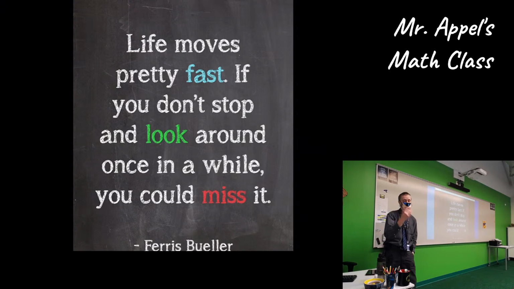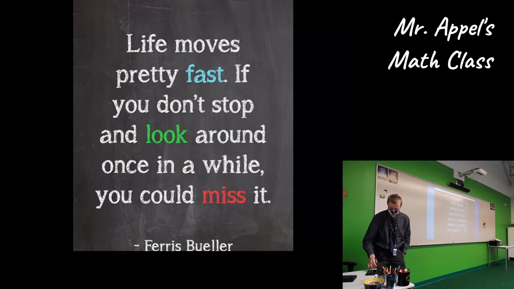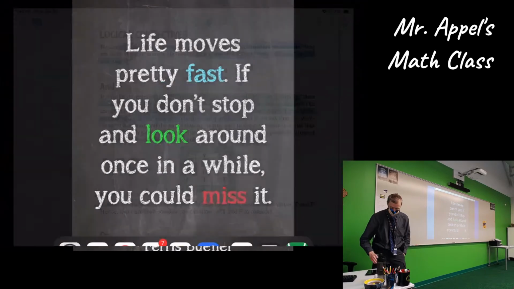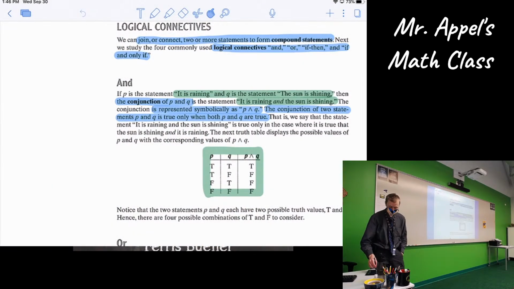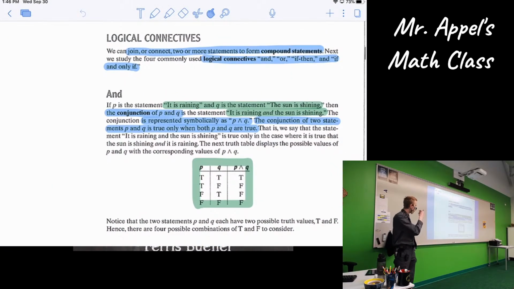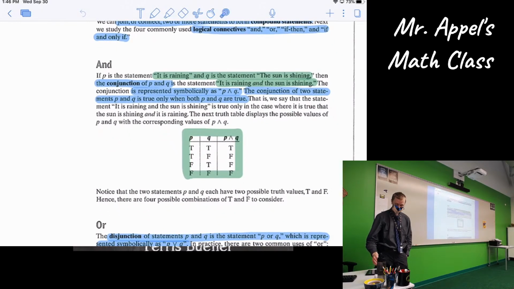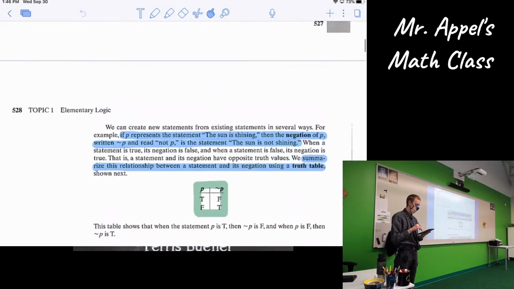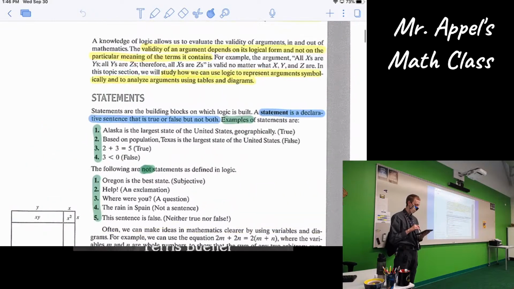Because you've seen this stuff before, we're just going to go into it in detail. Today, we're going back to those logical connectives you read about two weekends ago: and, or. This text actually started with those. It said, hey, there are things called statements.